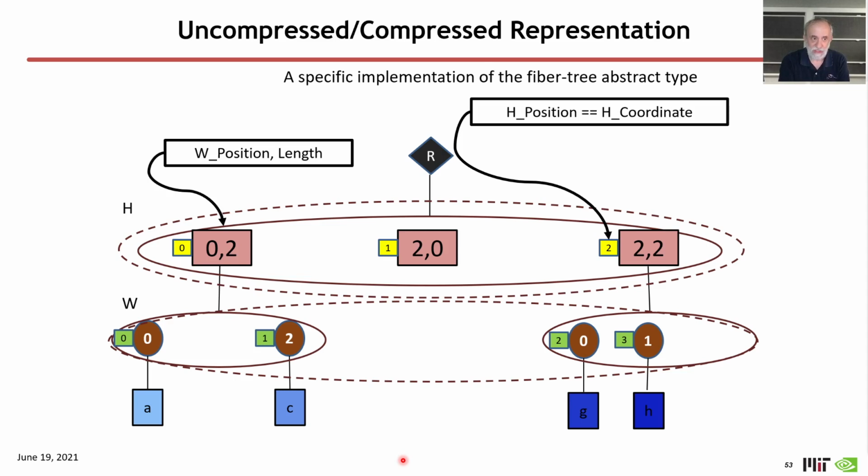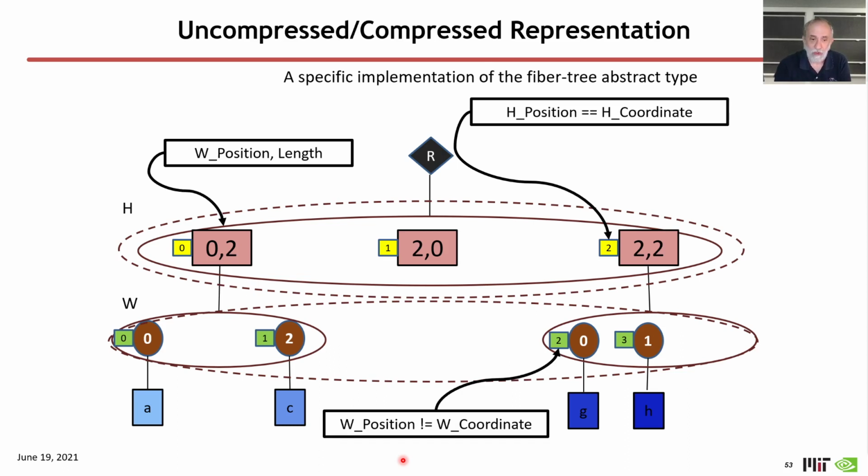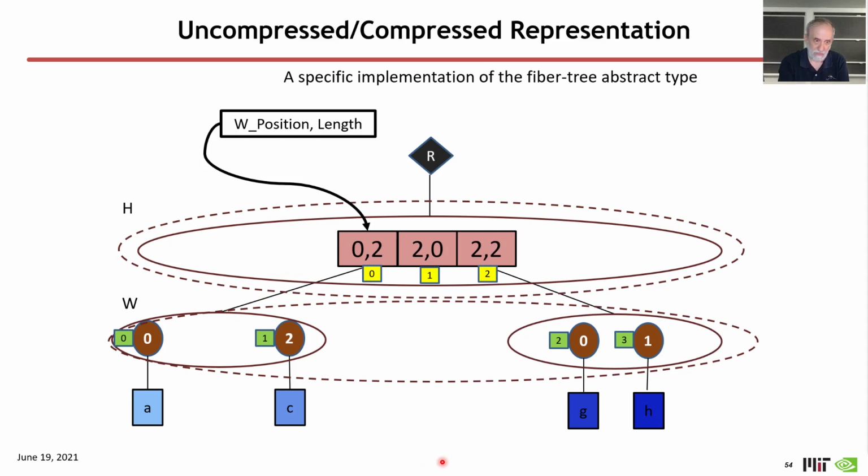And as I said, each of the values for the payload, because it's an implicit coordinate representation, are the position and length of the fiber in the next rank. And we notice here that if we look at a fiber in the next rank, its position and its coordinate are not the same. Those values are not going to match up.